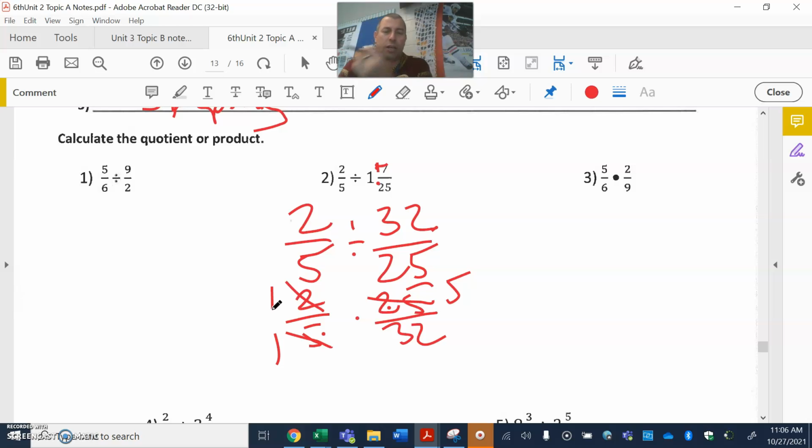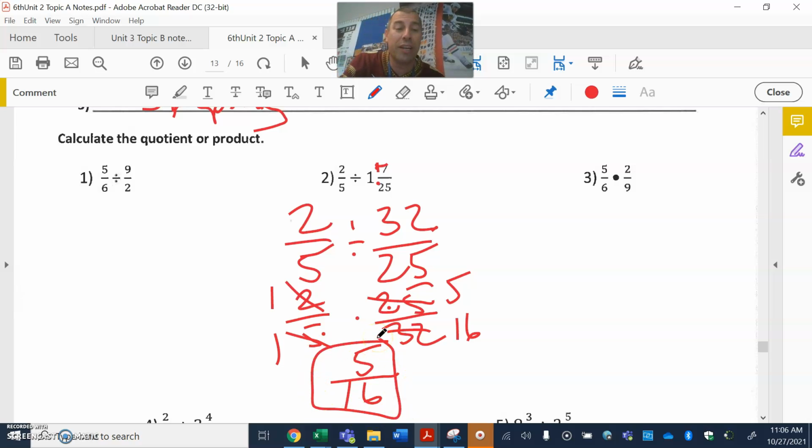So that's 16. Now we're ready to multiply across. 1 times 5, 5. 1 times 16, 16. And there's no simplifying here. There's nothing I can divide each of those by. So we are done.